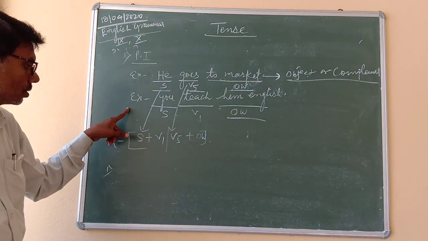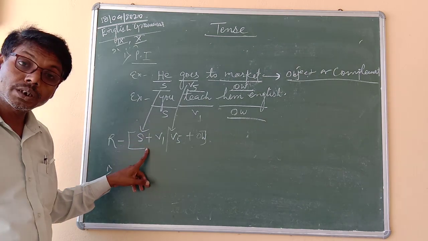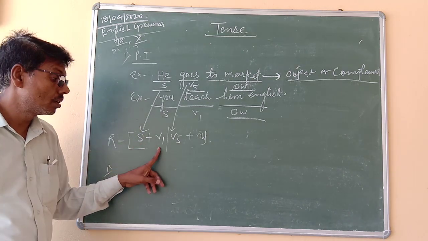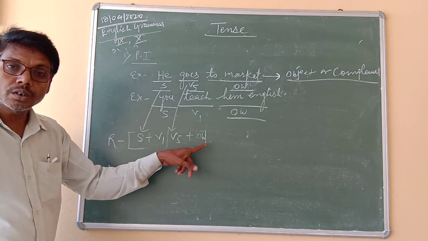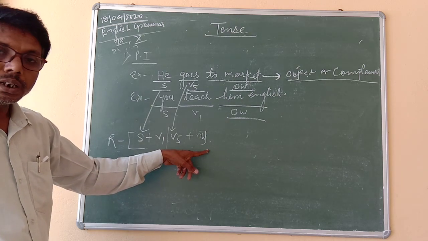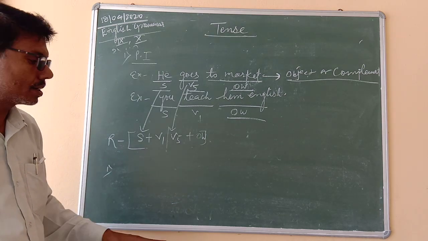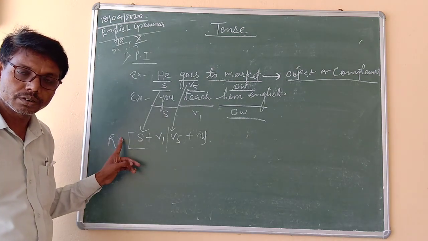So I want to give you a message. Whenever the structure subject plus first form, oblique fifth form, plus other words will be given in a sentence, that sentence is certainly taken from present indefinite.